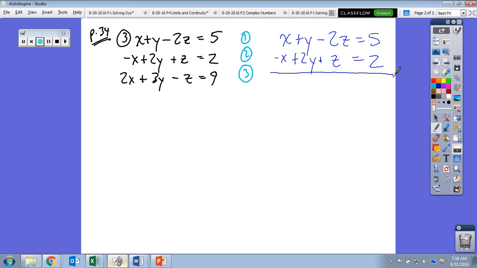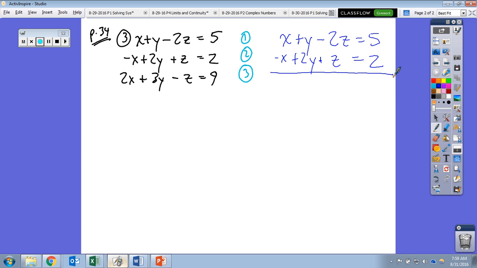So this should help you with two variable systems and the idea of eliminating one of the variables. For this particular one, the x terms are already set up such that they will go away easily. So let's go ahead and add these two. x plus negative x is nothing.